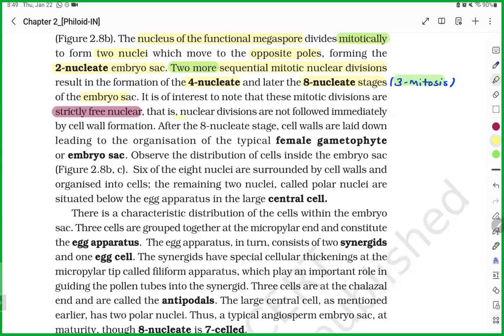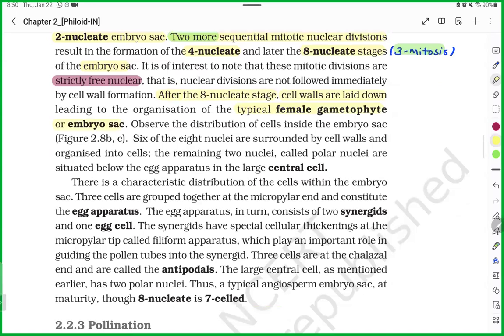Yeah. So once 8 nuclei are formed, only then will the cell wall be laid and the complete female gametophyte or embryo sac will form. If you see, 6 out of 8 nuclei are surrounded by a cell wall and have proper cells. The remaining 2 nuclei, the polar nuclei, are situated below the egg apparatus in the large central cell. Now, what is the important word here?